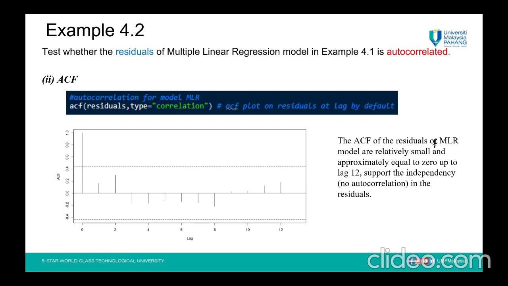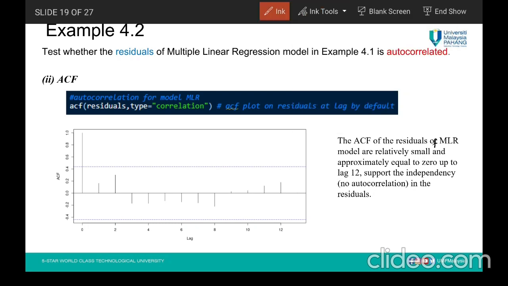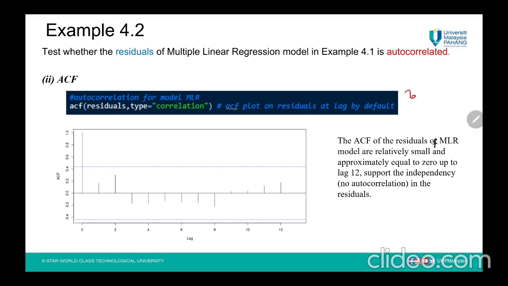We also can get the ACF plot at the default lag. By using this R code, there is no need to mention the K max value here, so we get the lag at default.